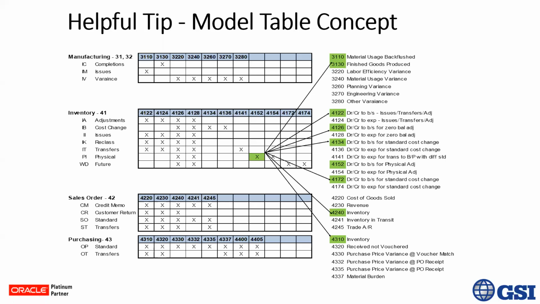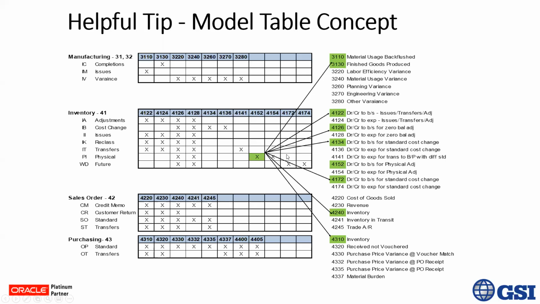Once I vet that out and I'm happy with the setup in this one table for this one document type, then whenever I look at any of these other tables, the 3110, 3130, 4122, all the ones that are highlighted, they should look the same or be very, very similar. This is not a 100% rule, but it should be a 98.5% rule, that these tables should look virtually identical.